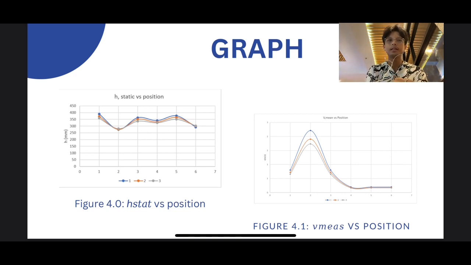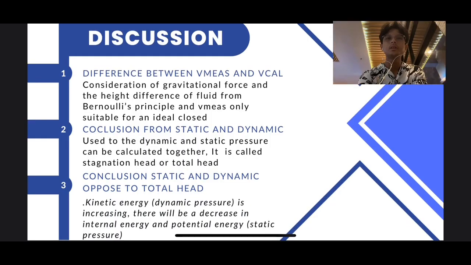Then I want to tell about the discussion. Firstly, the difference between V_mis and V_cal. V_cal is a consideration of gravitational force and the head difference of the fluid from Bernoulli's principle. The fluid system is open and affected by atmospheric pressure and gravitational energy law.